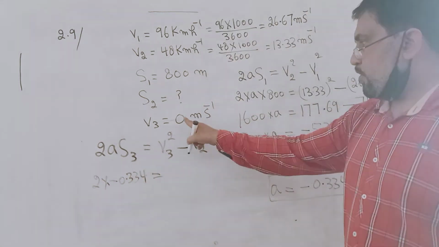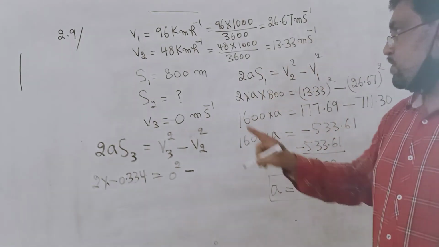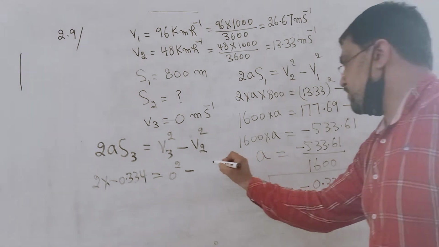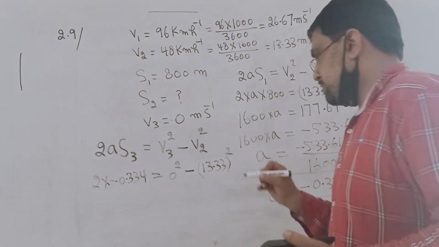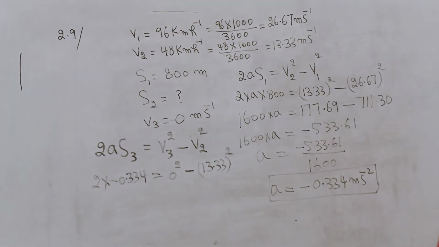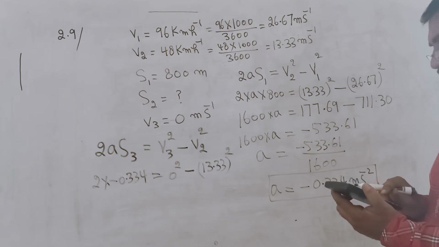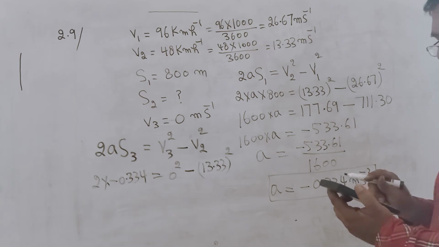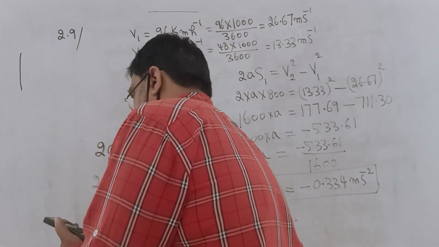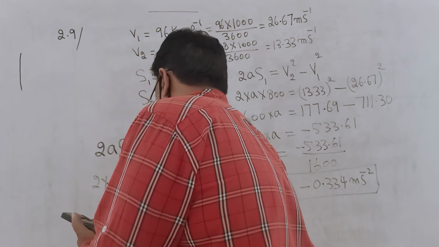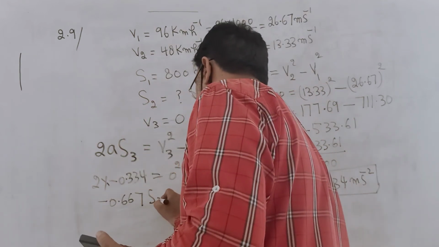Final velocity 0 square minus initial velocity 13.33 square. Two into 0.334 is equal to minus 0.667 into S3.